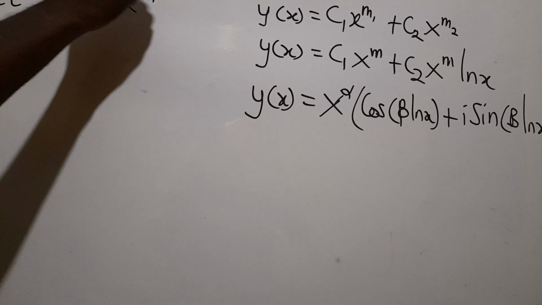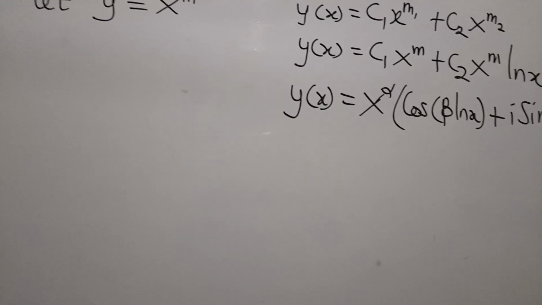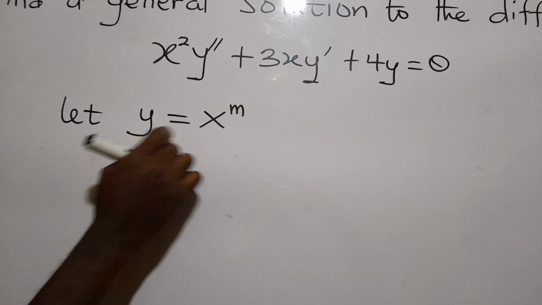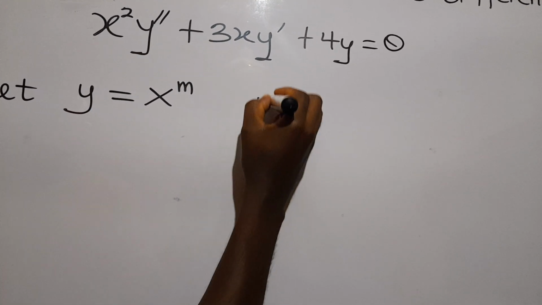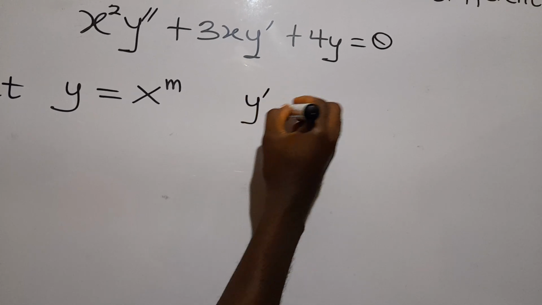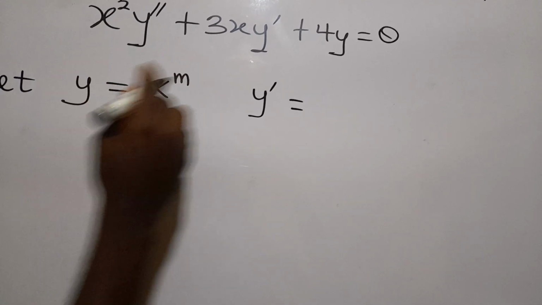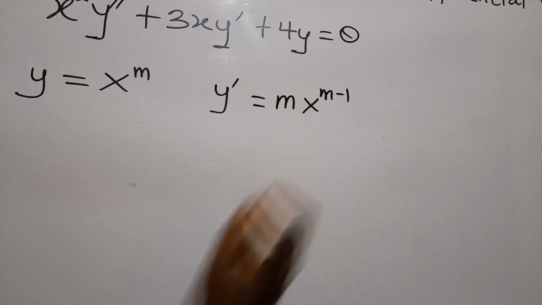So today, let's find out what root system our problem will present. Since we said we should let y equal x exponent m, we differentiate this to get y prime. Remember the simple differentiation rule: we drop the exponent, repeat the function, and subtract 1 from the exponent.